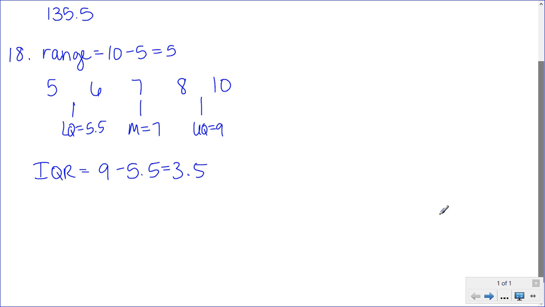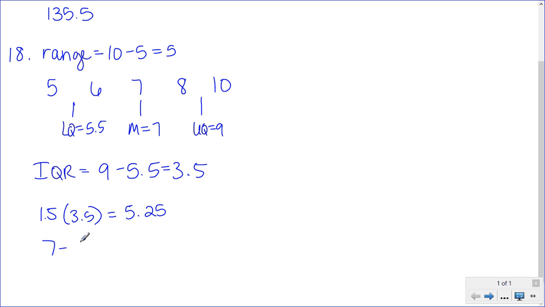And now to find if there are any outliers, we multiply 1.5 times the interquartile range, which is 3.5, to get 5.25. And then we want to take this number and add it to the median and subtract it from the median to figure out what the acceptable range is for a number to not be an outlier.